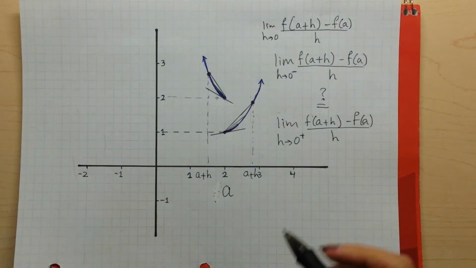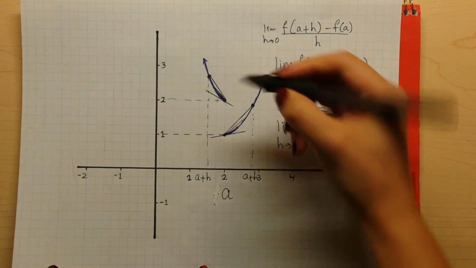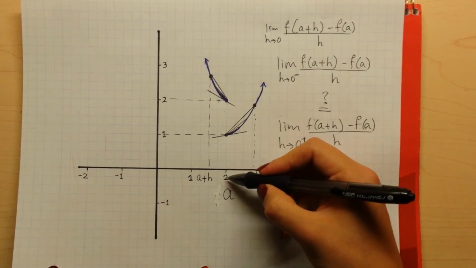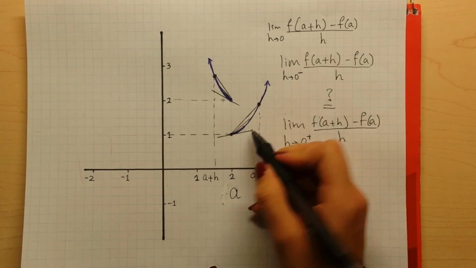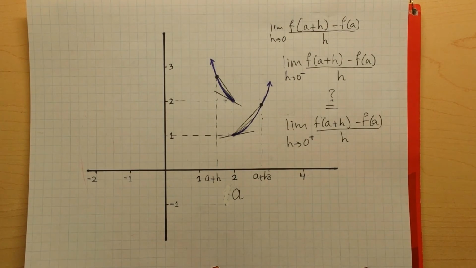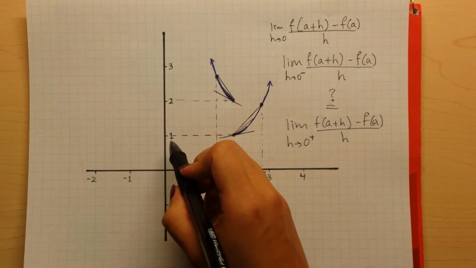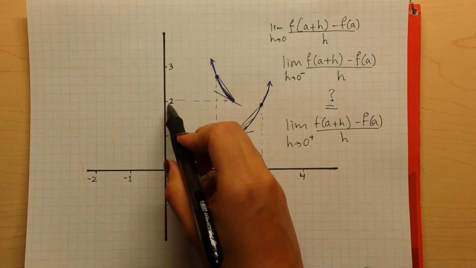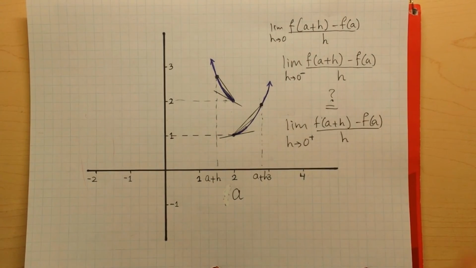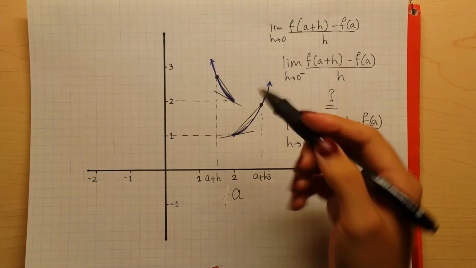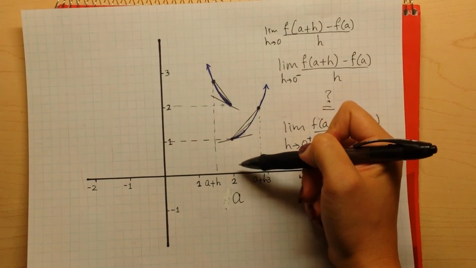So what you can see is that these two tangent lines at A not only have different slopes, but you also have different f of A values for one A. There's a discontinuity.